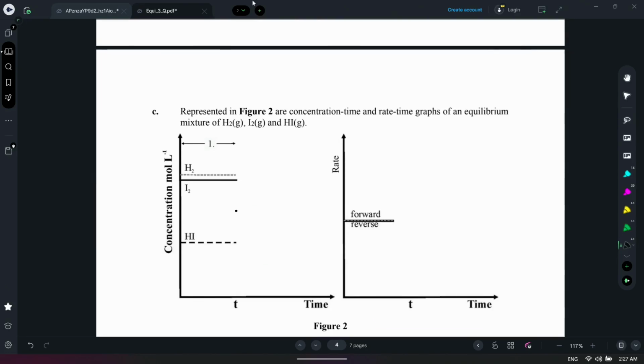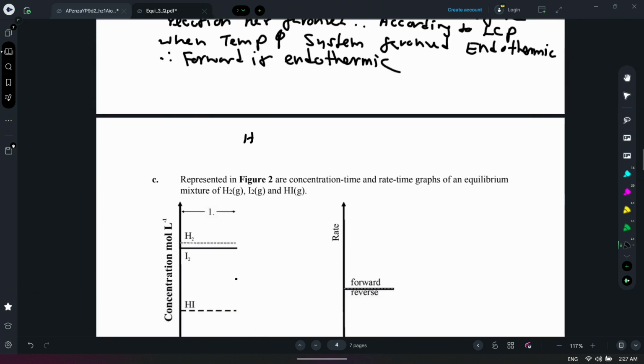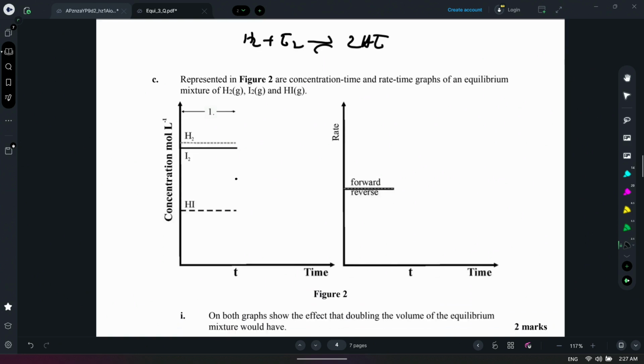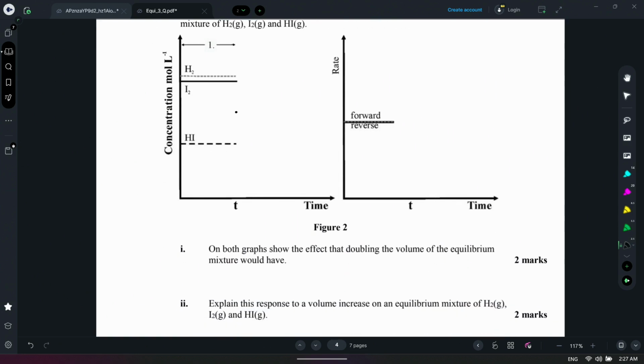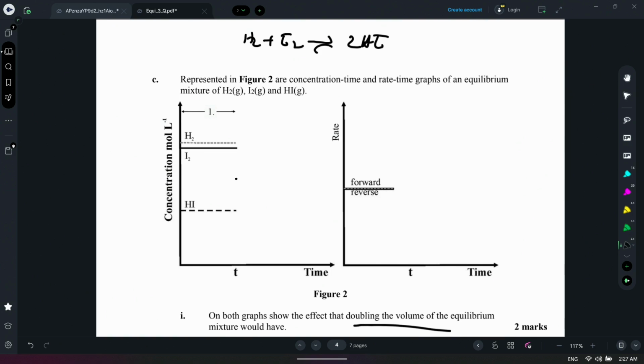All right, but before we do that, it's better that we rewrite the question. H2 plus I2 going to become 2HI. Now, what are we doing here? What is the change on the graph? Show the effect of doubling the volume. We know that when the volume is doubled, the concentration of all of these species, which are the dotted lines, will decrease.